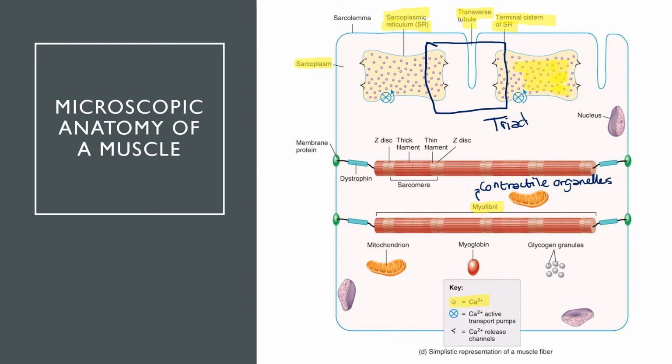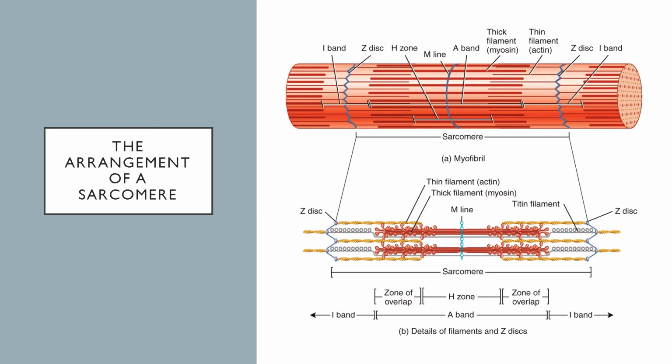Release of calcium from the terminal cisterns of the SR is one of the factors that triggers a muscle contraction. Within myofibrils are smaller protein structures which are called myofilaments.